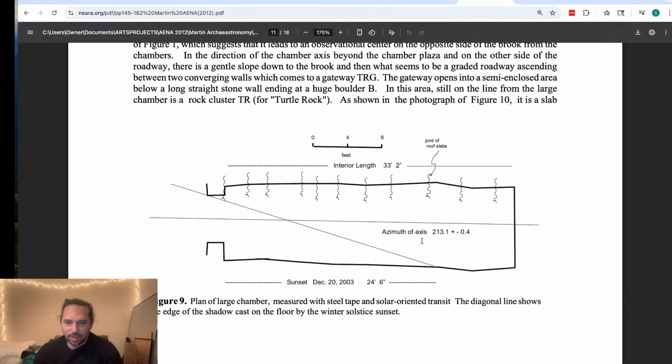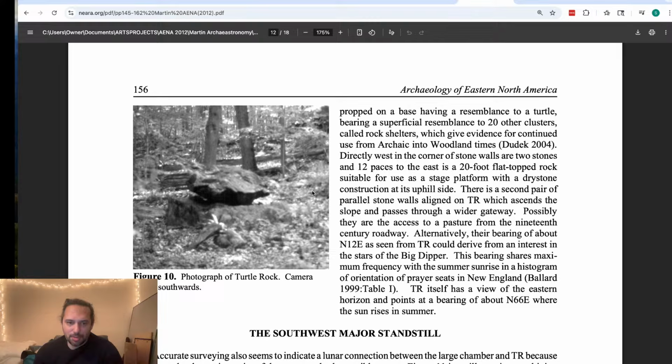As shown in the photograph, it is a slab propped on a base having a resemblance of a turtle, bearing a superficial resemblance to 20 other clusters called rock shelters, which give evidence for continued use from archaic. When he says, okay, Dudek 2004. Wait a second.